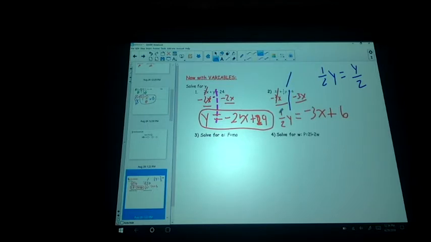By 1/2. If I multiply by 1/2, that becomes 1/4. So what's the flip over 1/2? 2. 2 over 1 or just 2? Okay. So this is going to cancel here and here. So your y is equal to, I guess I could distribute, negative 6x plus 12.